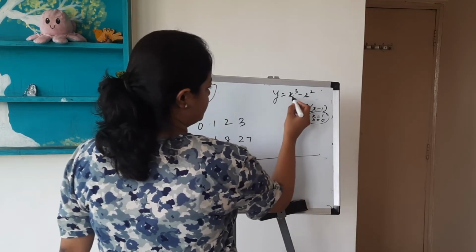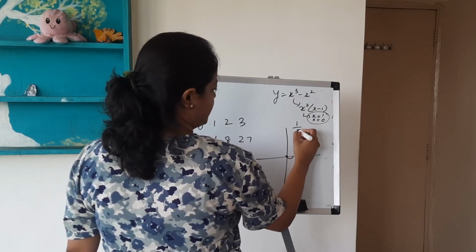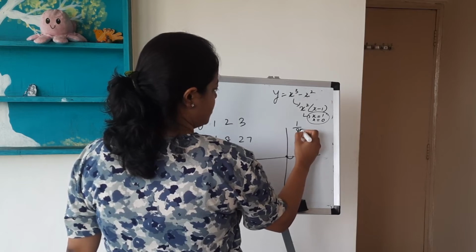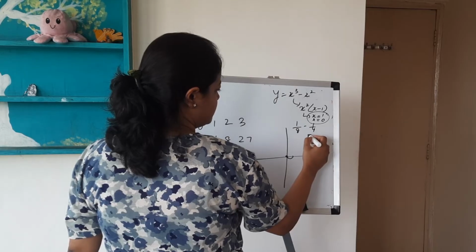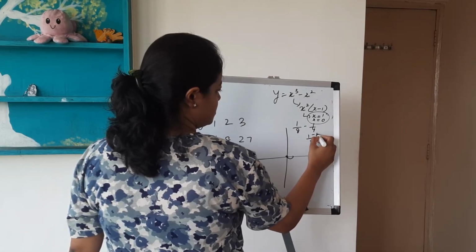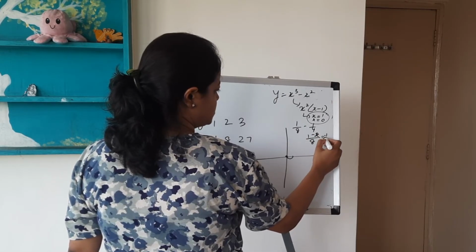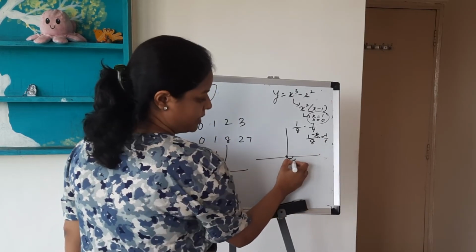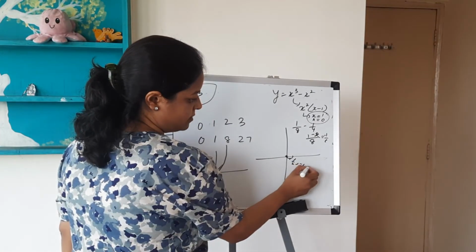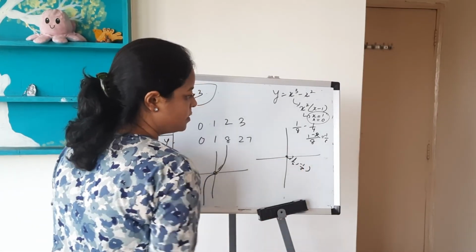If we put x is equal to 1 by 2, for example, right? 1 by 8 minus 1 by 4, which is minus 1 by 8, right? So it's somewhere here. This is that point. 1 by 2, minus 1 by 8, right? So that's why we have made it like this.